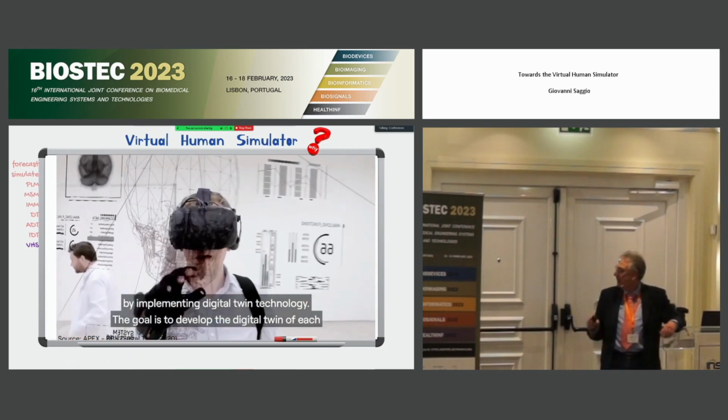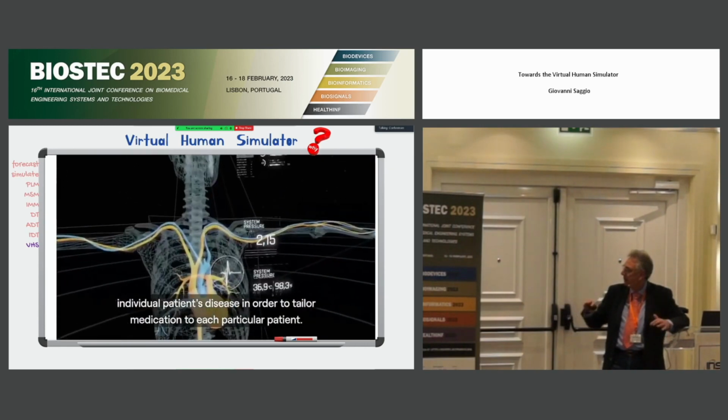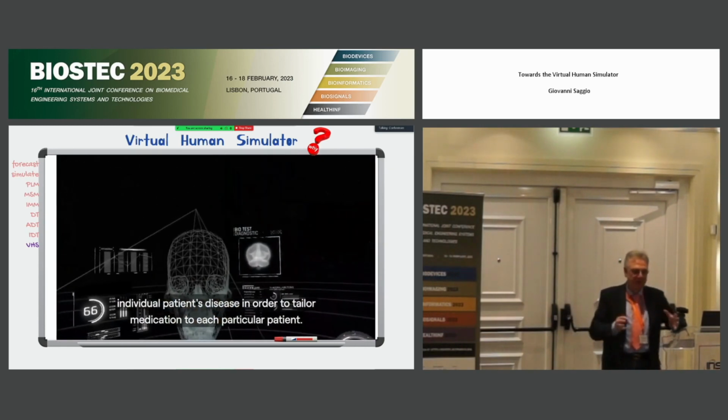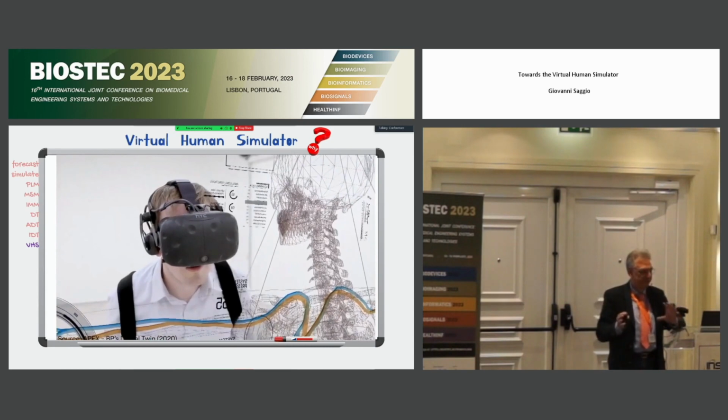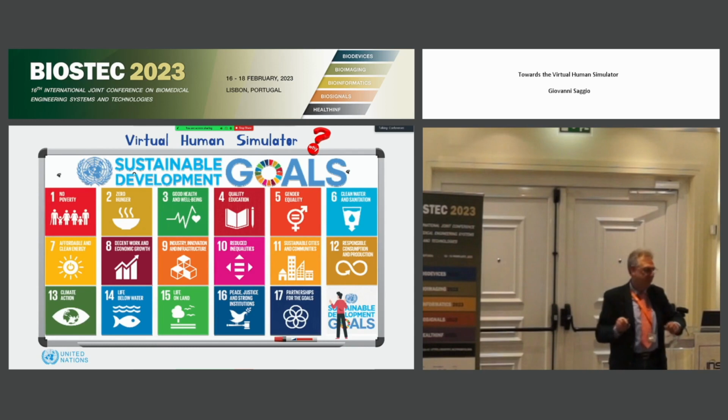So by implementing digital technology, we can think to realize a complete model of the patient. What does it mean, complete? We can discuss about this. And you know, the United Nations have in mind to reach these 17 goals. I think each of you is aware of this.